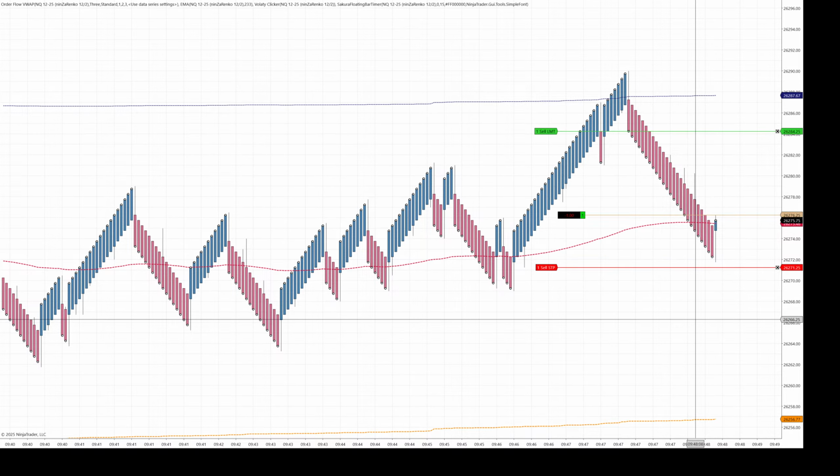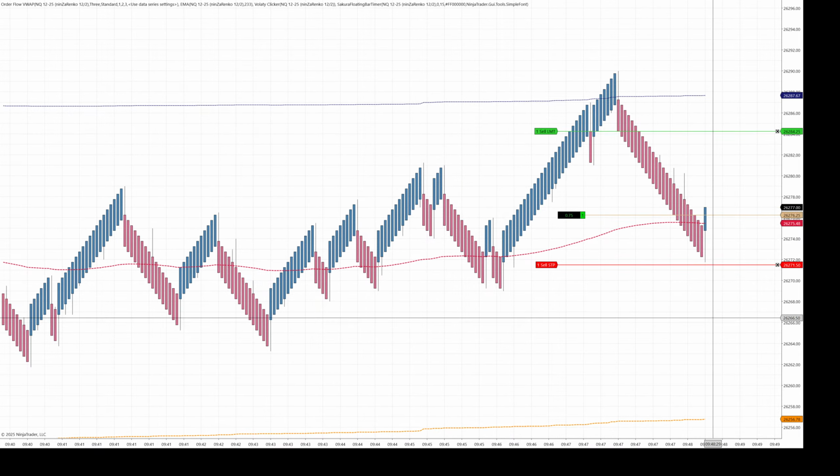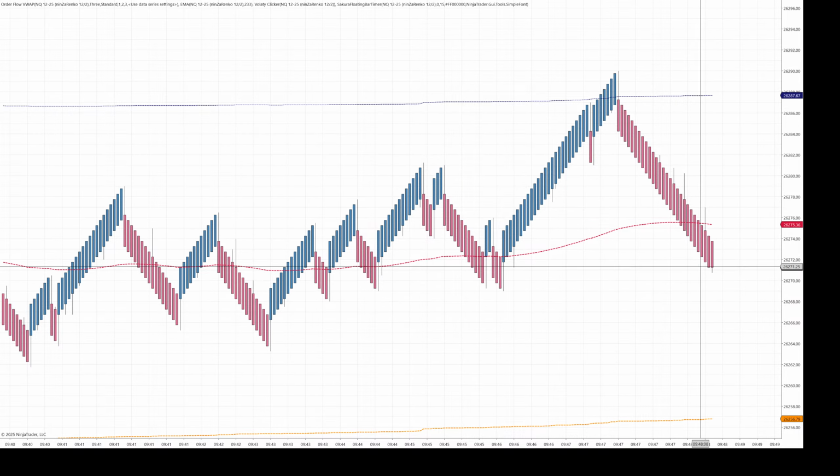We'll take a bullish trade right there if it wants to come back up. But if it wants to keep going down, that's okay. We're going to take a stop loss. That's fine.